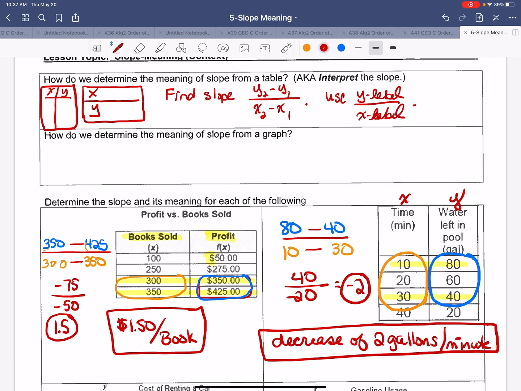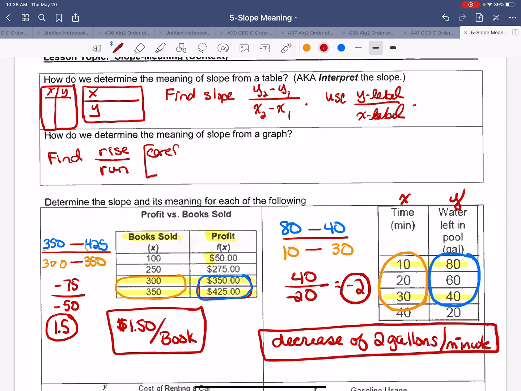Now, next part. Let's go right up here and talk about how do we get meaning from a graph. It's actually pretty much the same, except you don't have to choose two ordered pairs. You can do what we did a couple days ago and use rise over run. And I want you to be really careful.